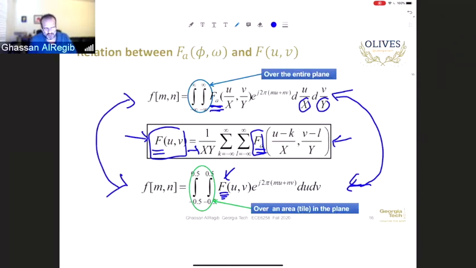Although one is defined over the entire plane, the other one is defined over a single tile, because that capital F over that single tile is equal to the entire plane once it's defined over F sub A. So now this gives you an idea about the relationship between the Fourier transform of the analog signal, capital F sub A, and the Fourier transform of our digital signal, capital F.